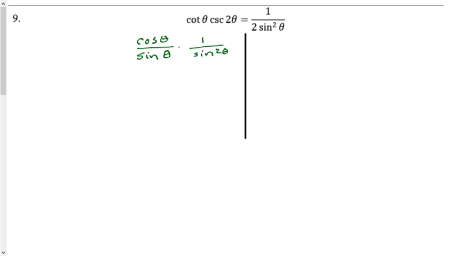As in the previous proof, because here I have a double angle of 2 theta, I want to use an identity to rewrite this with just a trig function in theta and not a 2 theta. So that will give me a 2 sine theta cos theta in the right rational expression.